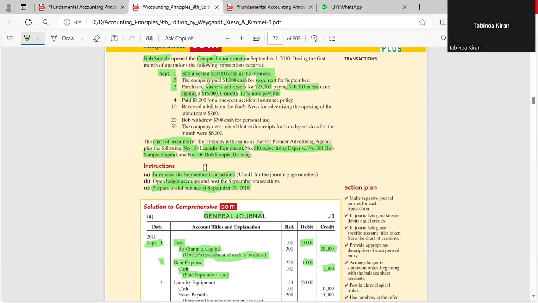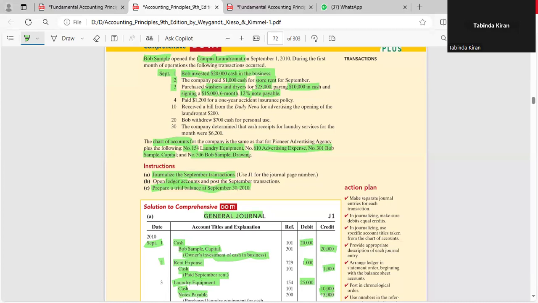So right now, we are going to pass an entry: laundry equipment debit. Increase in assets will be recorded as debit. Cash, decrease in assets, will be recorded as credit. And note payable, increase in liability, will be recorded as credit.